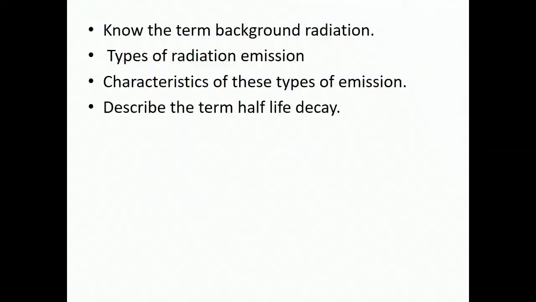And another thing is the periodic table of atoms. This one we are familiar with. The periodic table, you should be able to describe what it is. You should be able to describe the metals and non-metals in the periodic table, which ones are the metals and which ones are the non-metals.